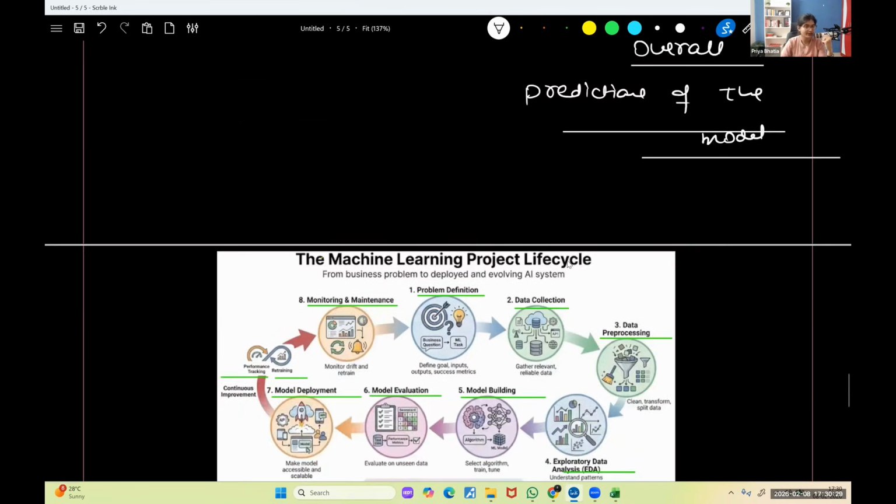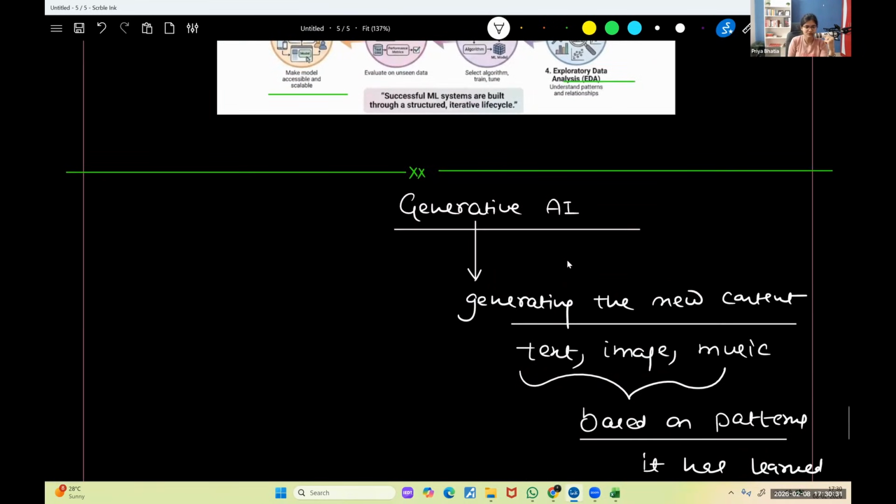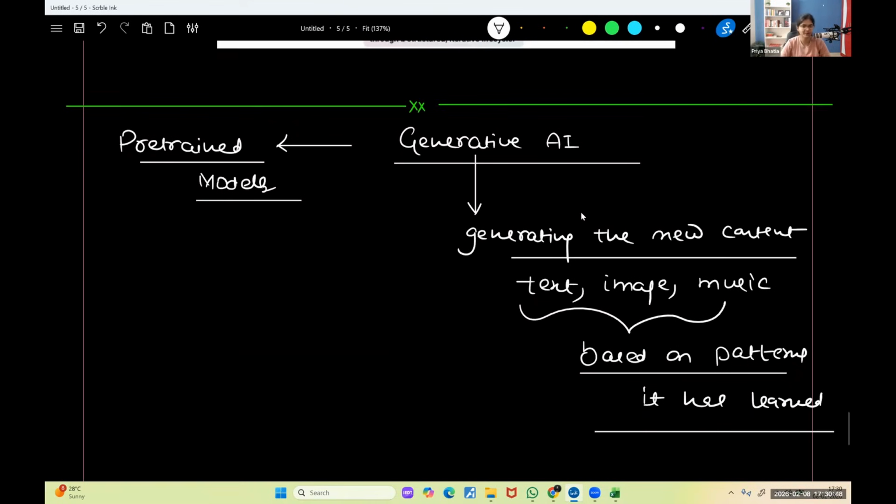But when we talk about generative AI, in this space, we have a concept of something called pre-trained models. What is the meaning of pre-trained models? It simply means that you will be having a model which is already trained on a very huge amount of data.